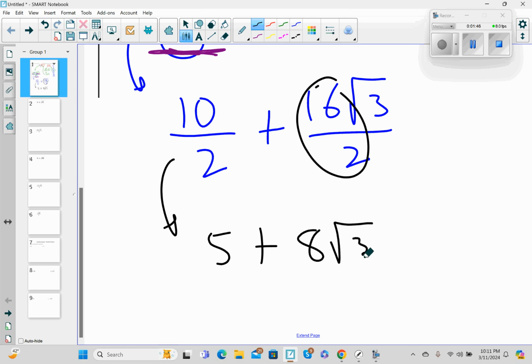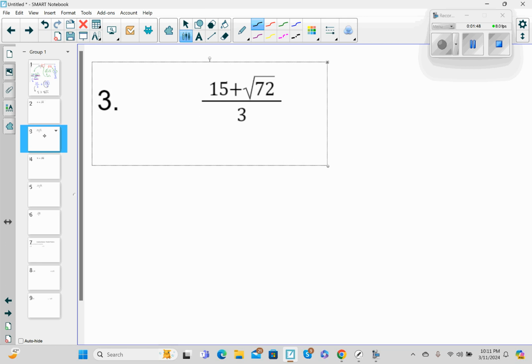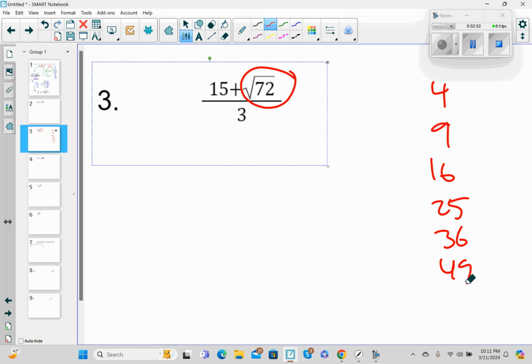Let's go do another one. This is problem 3 from the same page. Take the square root of 72 and make a list. So what do we have? We've got 4, 9, 16, 25, 36, 49, 64, 81. The biggest number on this list that goes into 72 is 36.